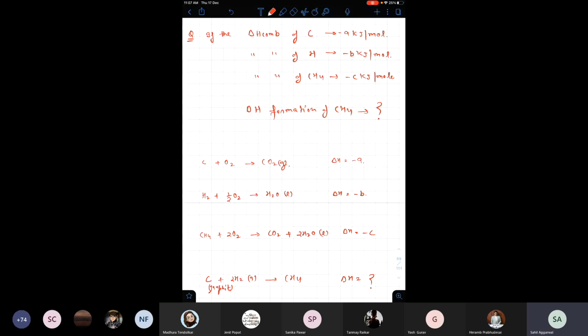Don't you think, Tanmay, we have to multiply the second equation by 2 also? Yes, sir. You didn't mention that. Why do you think so? Because 2 moles of H2 are there on the right hand side of the third equation.